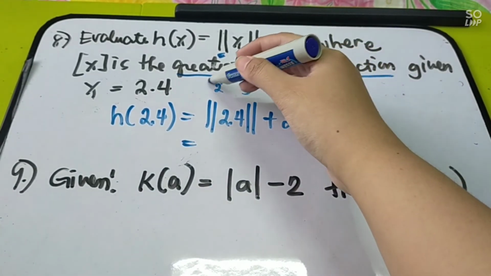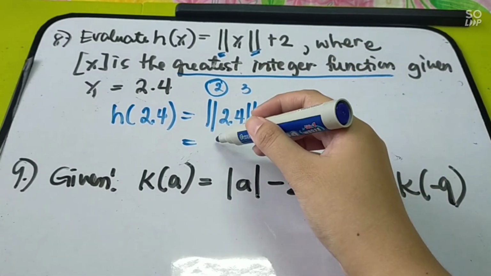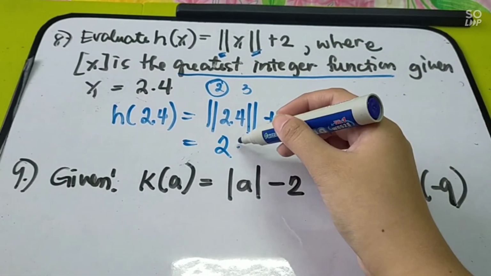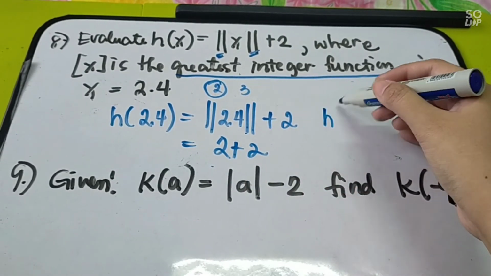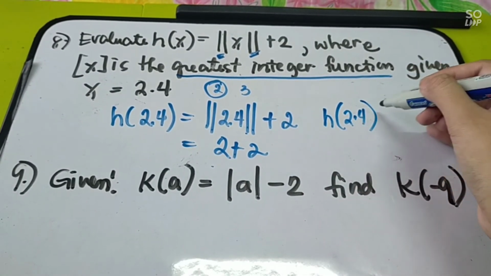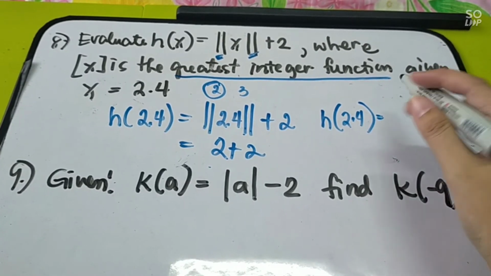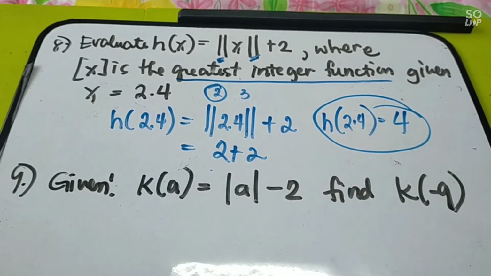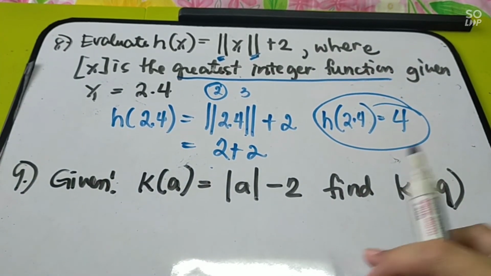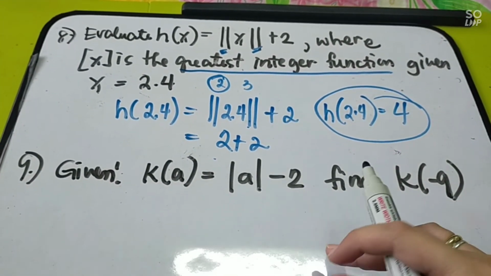So, obviously, we have here 2. Kaya, si 2.4 ay equal kay 2, then plus 2. Then, you will just add. So, therefore, h of 2.4 is equal to positive 4. That is it. Ganun lang siya kasimple kapag greatest integer function.